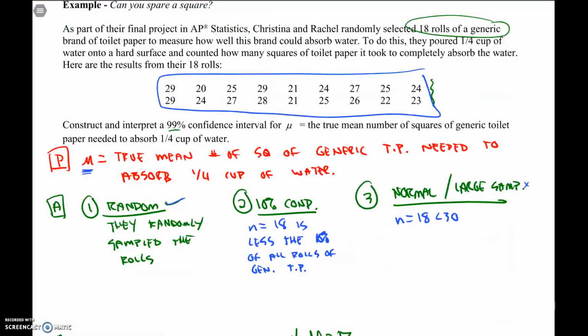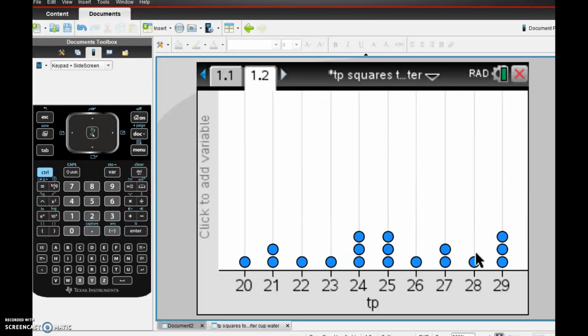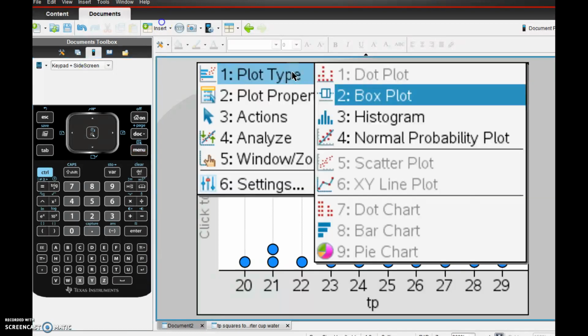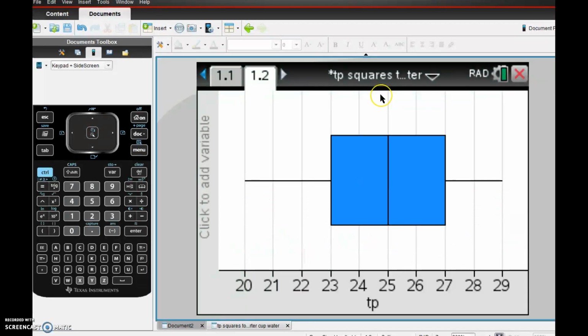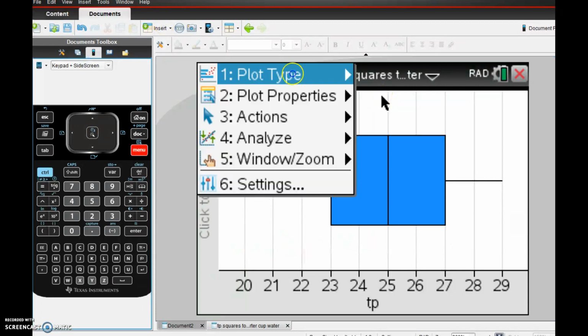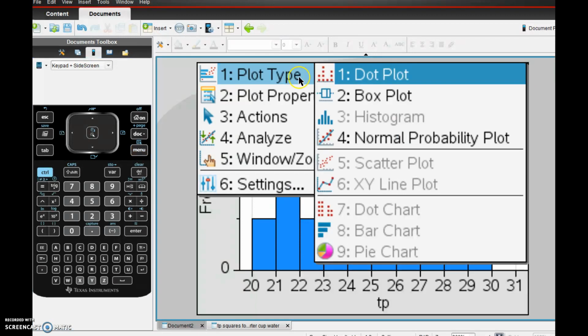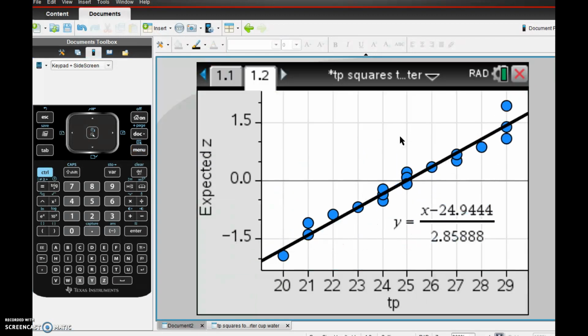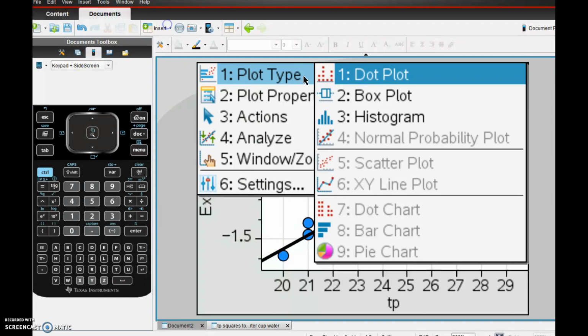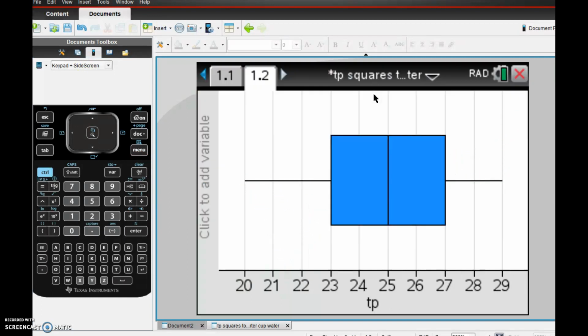But here's the thing. If you're going to comment on a data graph that's not given to you, you need to copy that data graph down. So I could copy this dot plot. I could copy that box plot. Or I could copy a histogram. You could even plot the normal probability plot and say it's linear, but I'm not going to do that. I'm going to do the box plot because it's easiest to graph.